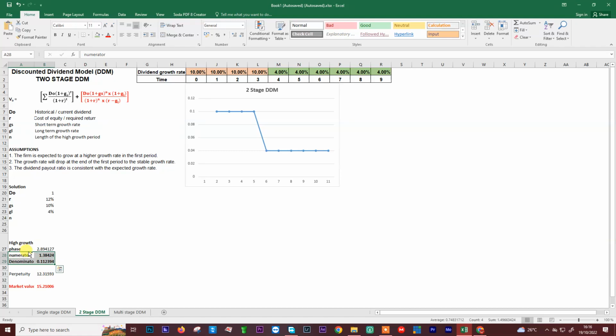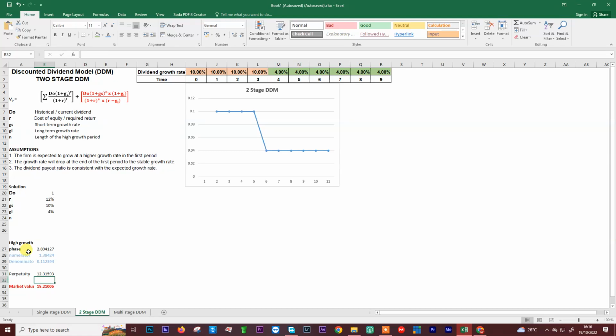You can press Control B, change the color, Alt H F C, put it a different color. We can use maybe blue, like that. Enter. So that once you get the numerator, we divide by the denominator, we get the perpetuity component, which is that value there.